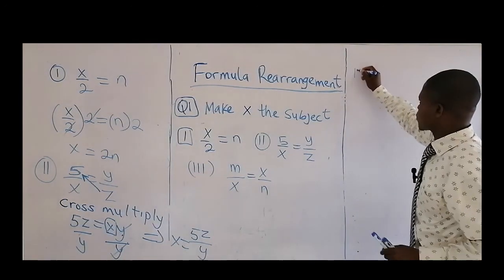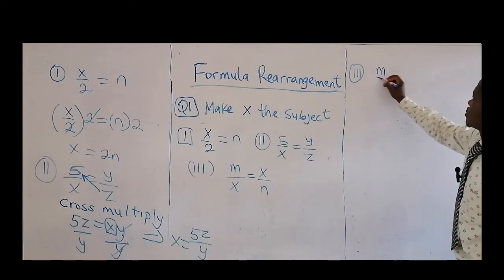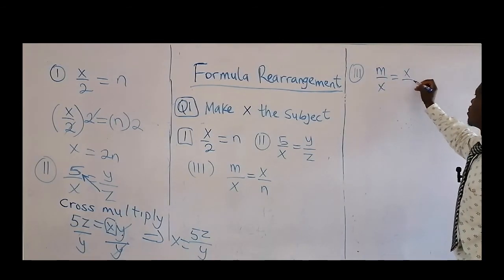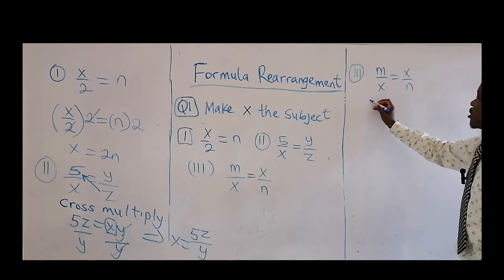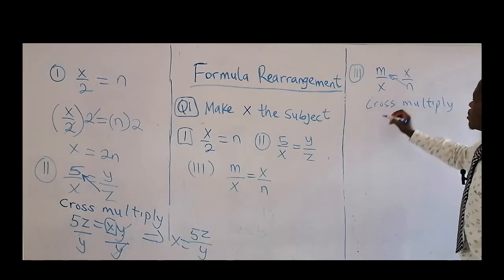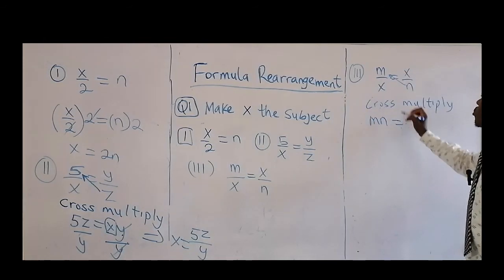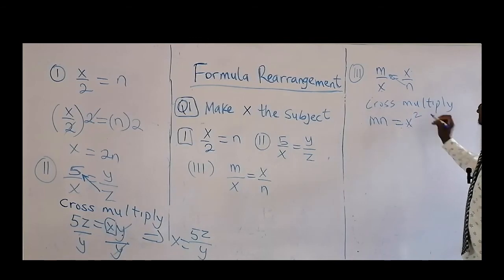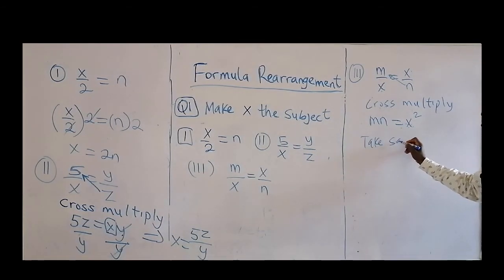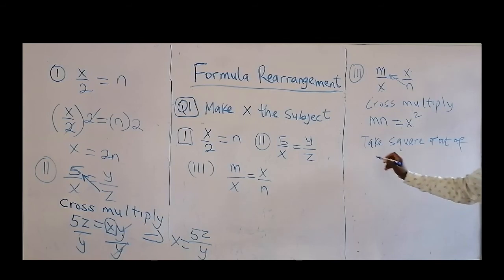Question 3. We have this. You do the same thing, cross multiply. That will be mn equal to this one and this one, that's s squared. Take the square root of both sides of the equation.